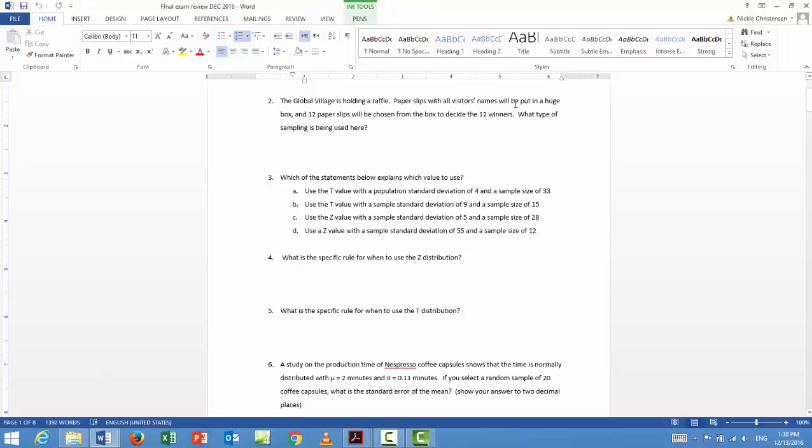Okay, so the multiple choice question, these can be quite confusing actually, and the way to do them is to really think about what is shown. Okay, so which of the statements below explains which value to use?